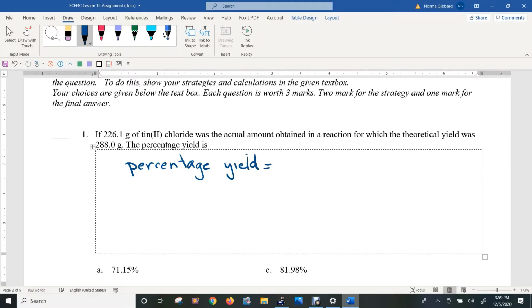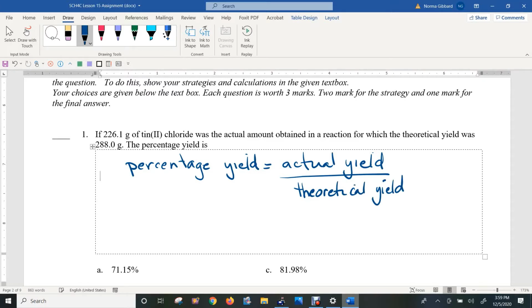is equal to the actual yield divided by the theoretical yield. Now, in this question, we are told that the actual amount is 226.1 grams and the theoretical yield is 288.0 grams.